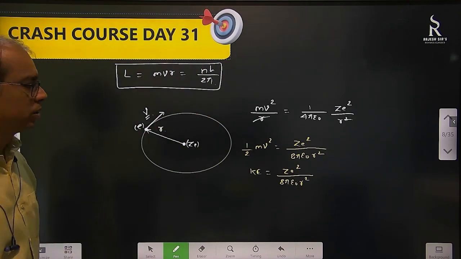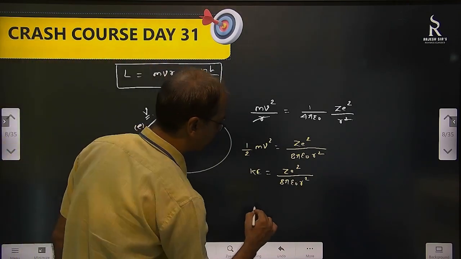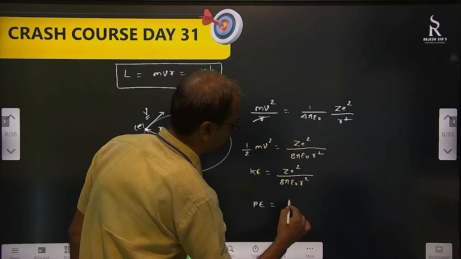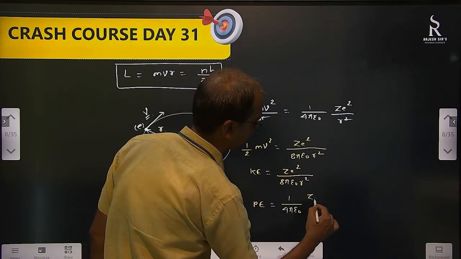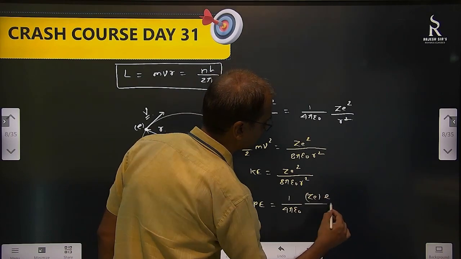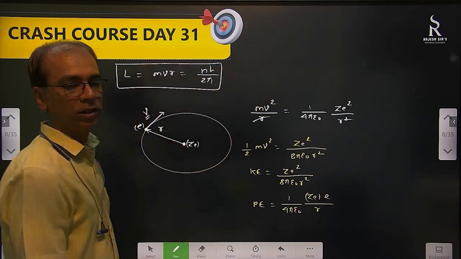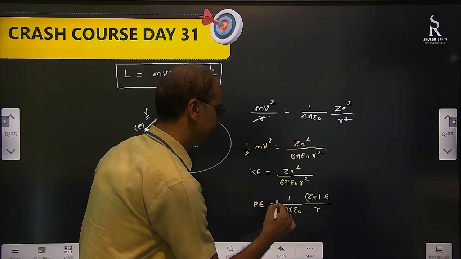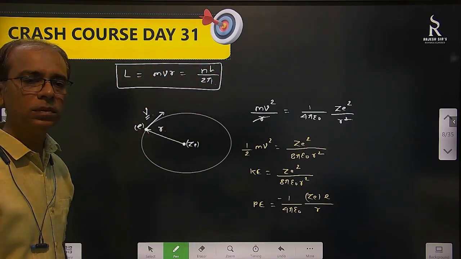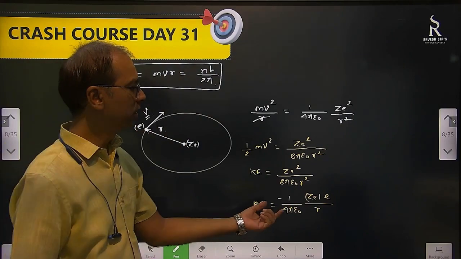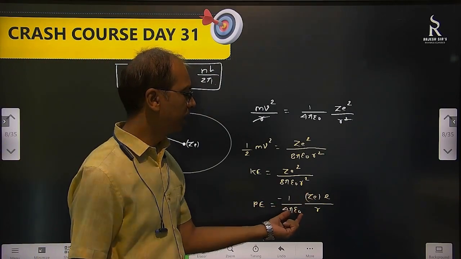In the same way we can find the potential energy. Potential energy is 1 by 4 pi epsilon naught Q1 Q2 by r. Q1 is Ze, Q2 is e, divided by r. Now will the potential energy be positive or negative? It will be negative, because one charge is positive and the other is negative. It is an attraction force, so the potential energy is negative: minus Ze square by 4 pi epsilon naught r.